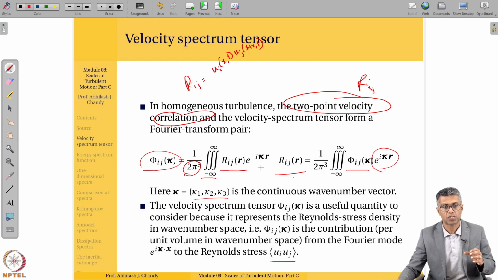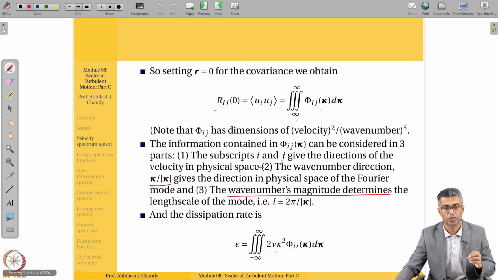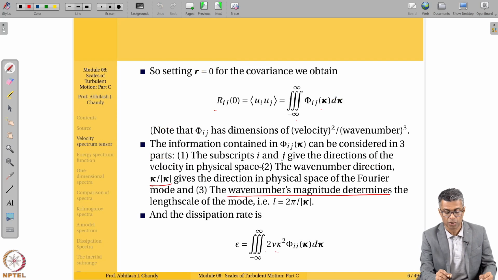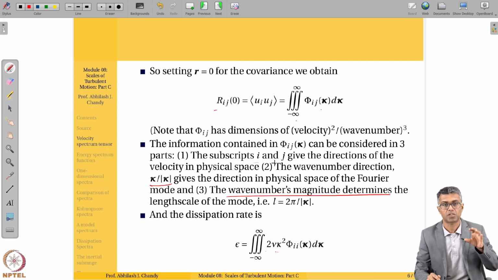So this velocity spectrum tensor is, as I used to say, a loaded function because it has multiple information in there, specifically three pieces of information. The subscripts i and j give information about the directions of the velocity in physical space, right?